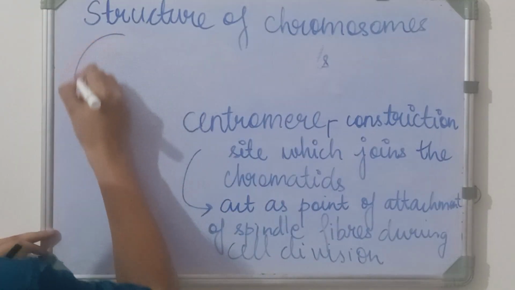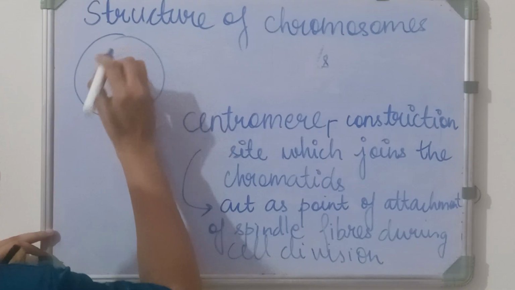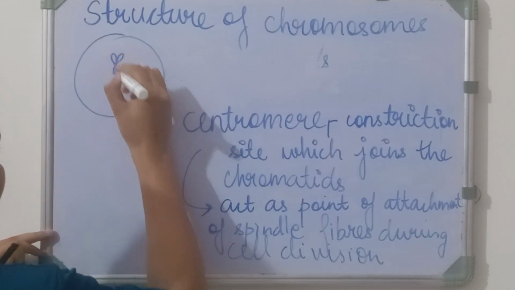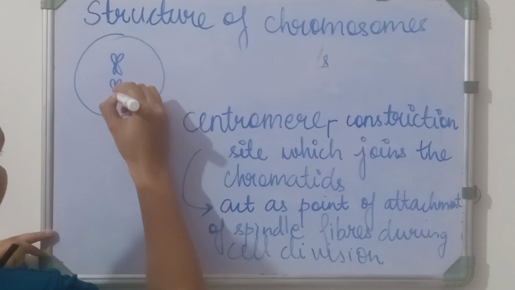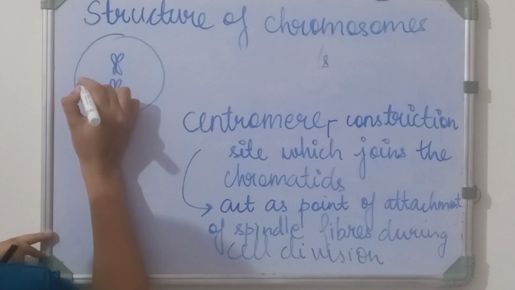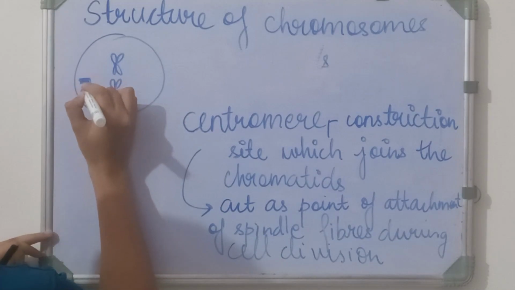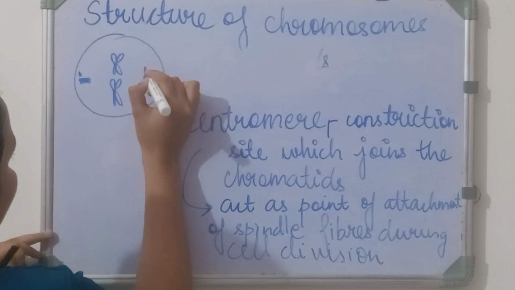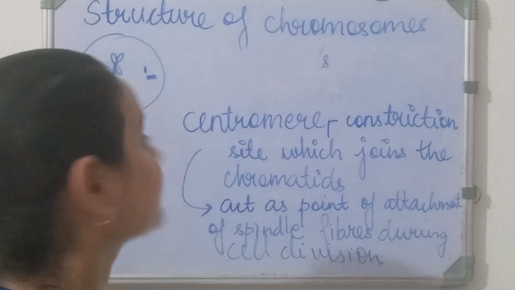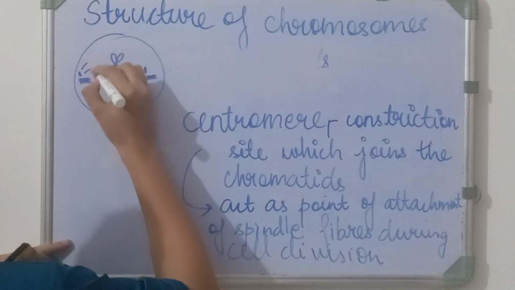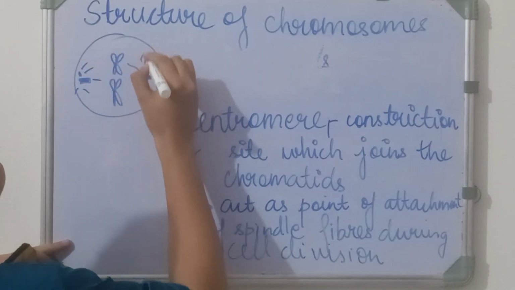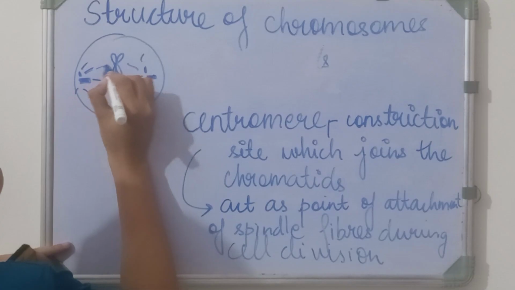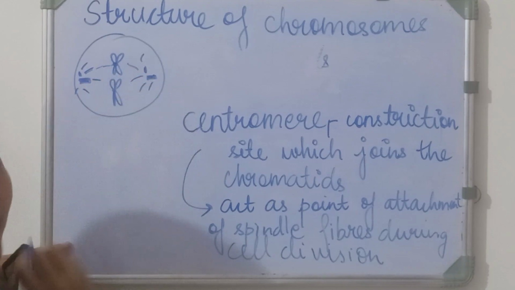This is our cell. These are our chromosomes. These are our centrioles, or centrosomes, with asters. So spindle fibers attach to the centromere.